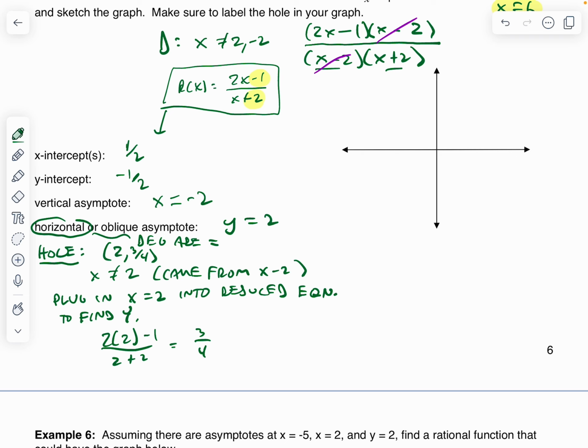Okay, so essentially when I graph this, label the intercepts. We got 1/2 for x, -1/2 for y, vertical asymptote at x equals -2, and then we have a horizontal at y equals 2.